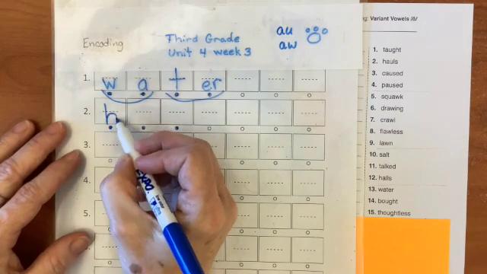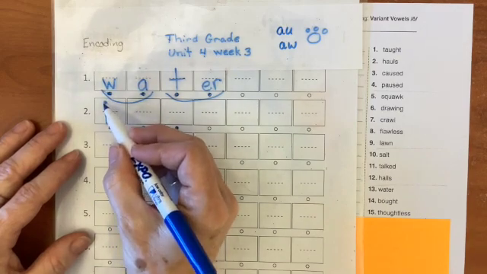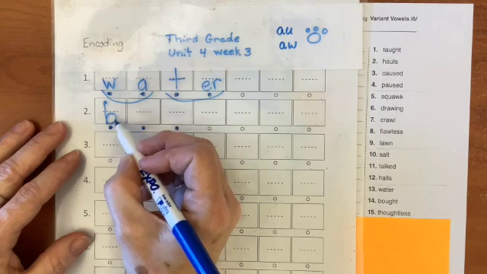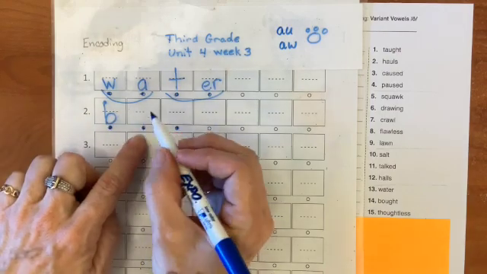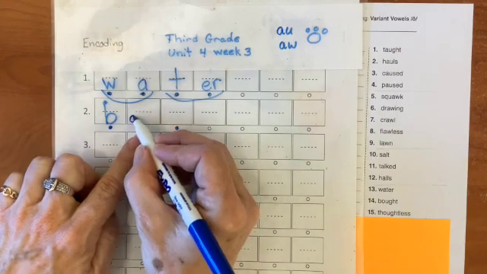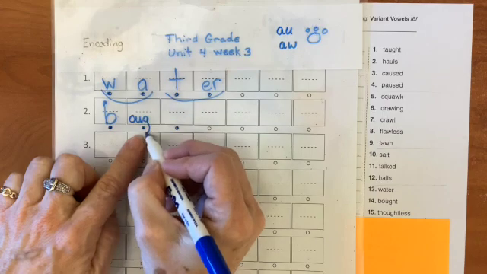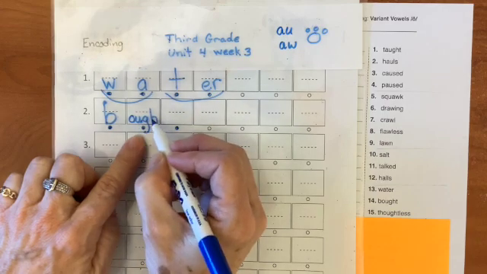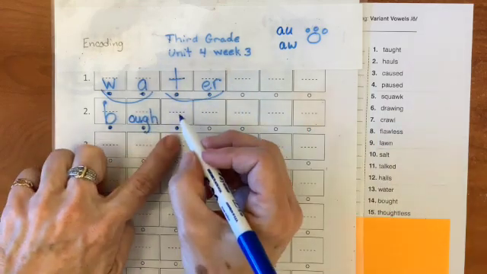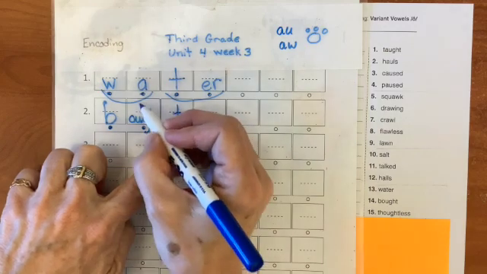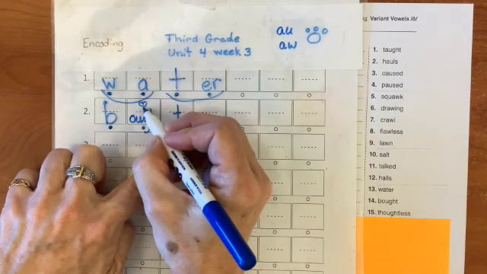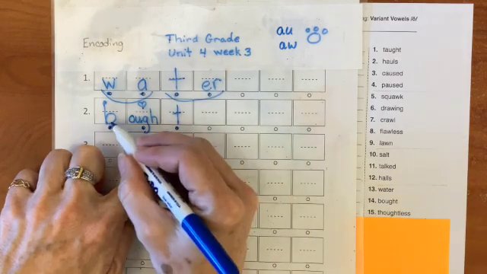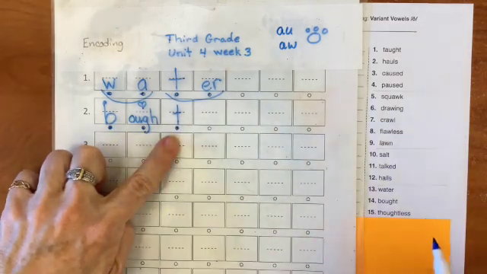B. You're gonna start that B here and come down and push forward. Make sure you're writing your B's correctly. Aw is O-U-G-H, and that is helping that say aw. And then t. This is probably the only part you need to memorize. You already know this one and this phoneme.